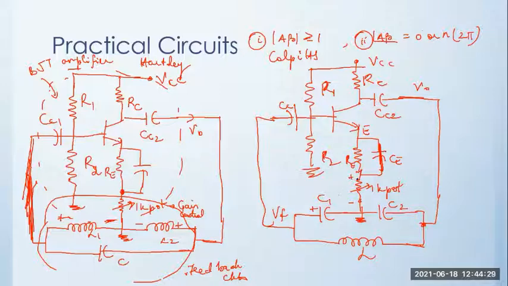Okay, so because I'm not bypassing this potentiometer, it will have an effect on the gain, and the tendency is that it will try to reduce the gain slightly. But along with that, it will also provide a control on the gain of the circuit.